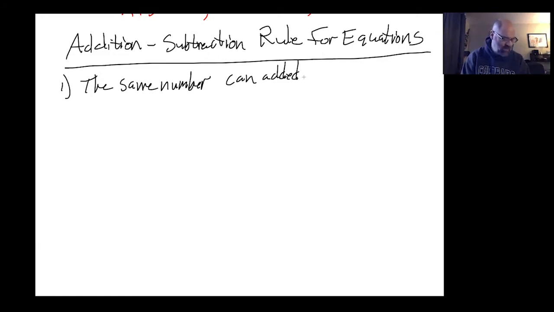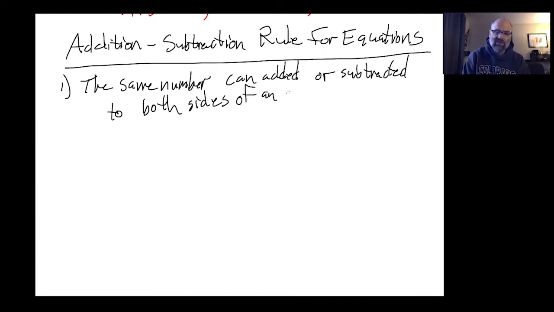The book has two different things, but I'm going to say added or subtracted to both sides of an equation without changing the solution to the equation.